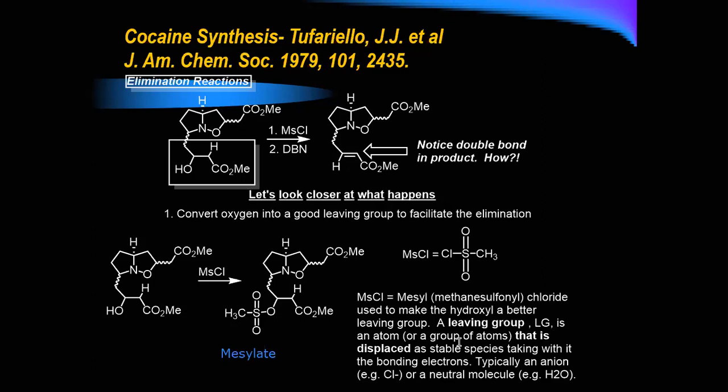So I want to pick my reagents according to what I'm trying to do. That's why they chose the mesyl chloride and DBN and not just dump in some water or some sulfuric acid, because you end up ruining some other part of your molecule. All right, so that's a really strategic choice to use mesyl chloride.